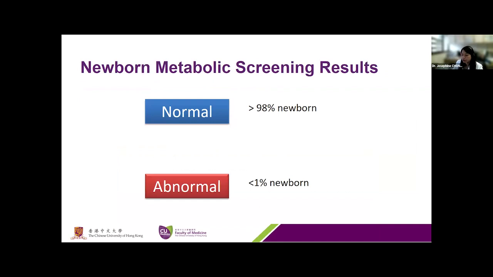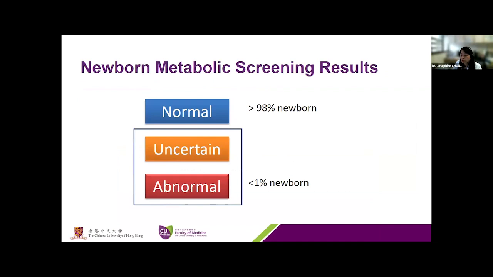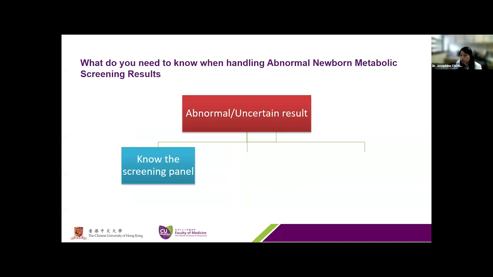And for the results, 98% of newborns will have normal newborn metabolic results. Less than 1% will have abnormal results, while some patients will have uncertain results. Both the uncertain and abnormal groups may need follow-up, to make sure whether the uncertain group has a high chance of suffering from a newborn screening IEM disorder or not.